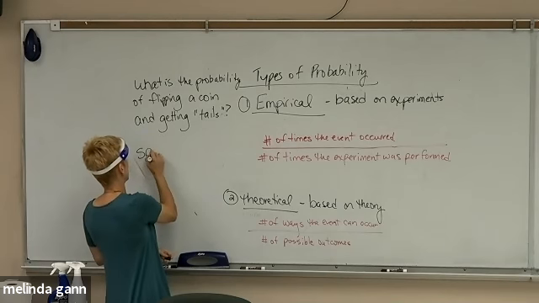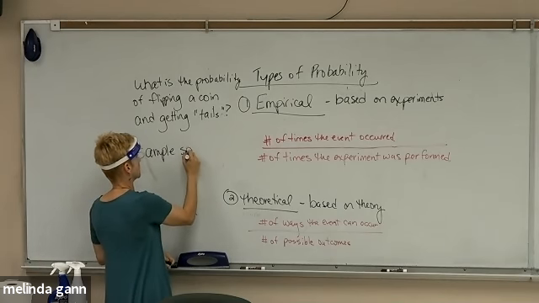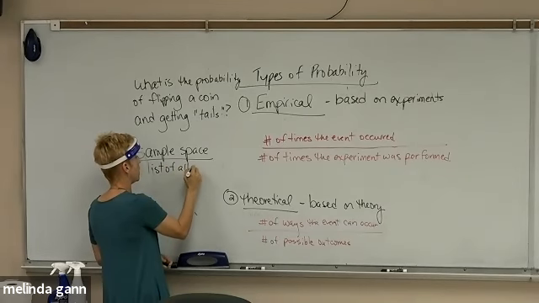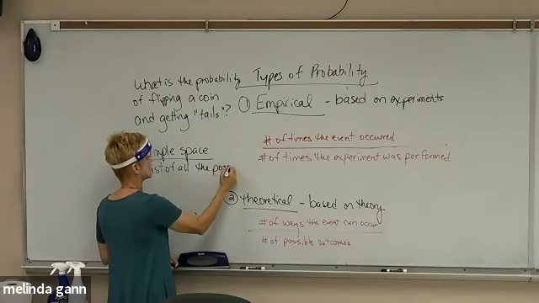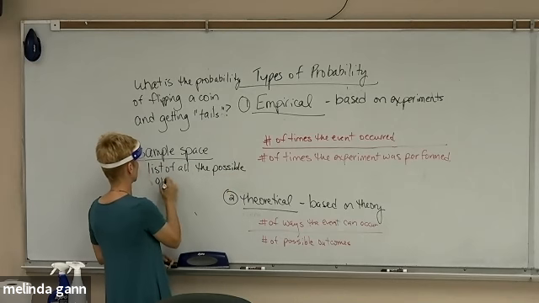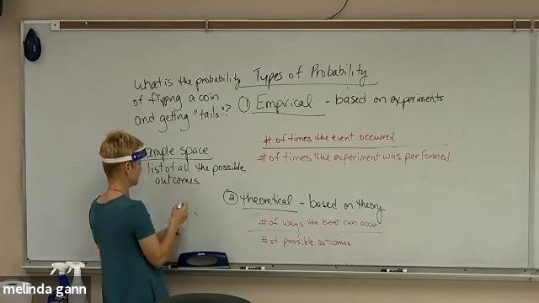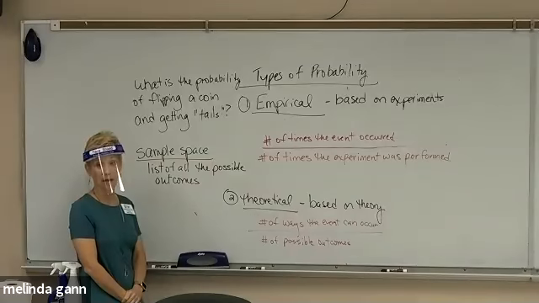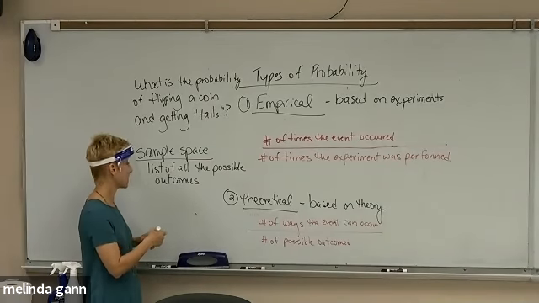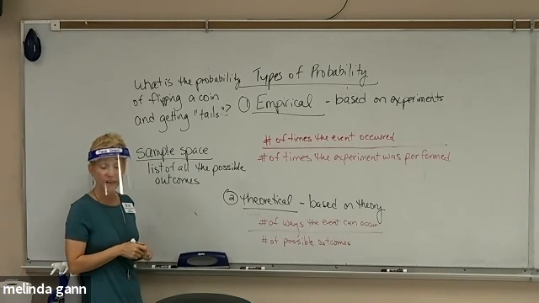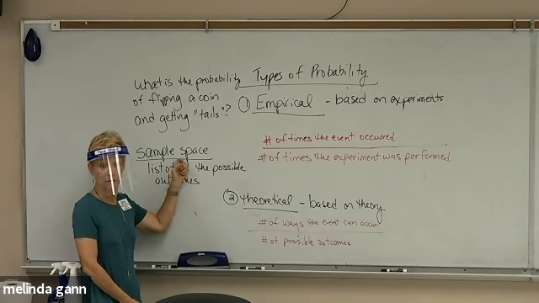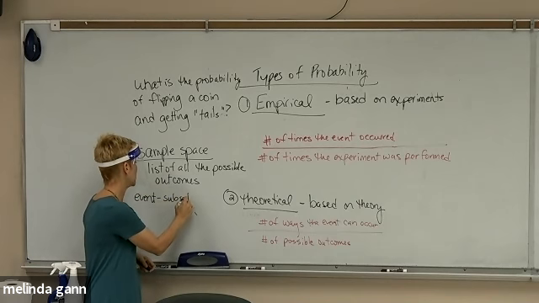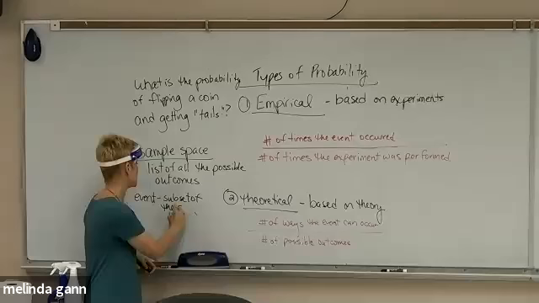A sample space is simply a list of all the possible outcomes. An event is a subset of that. So it's a subset of the sample space.